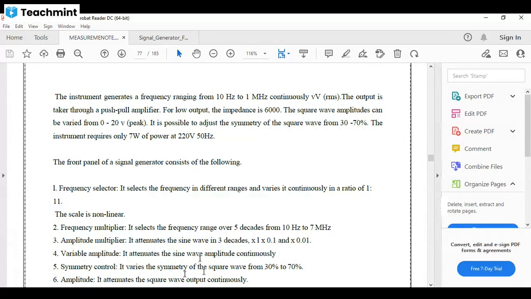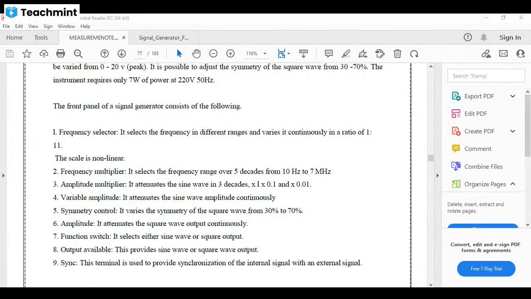And the amplitude attenuates the square wave output continuously. And the function switch selects either sine wave or square wave, and the output variable provides the sine wave or square wave at the output end.